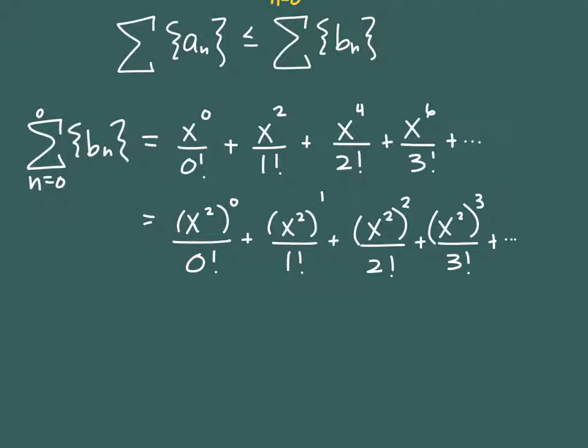Okay, it's not e to the 2x, because then this would be 2x to the 0, 2x to the 1, 2x. This is e to the x squared. All right, so this one is less than or equal to e to the x squared. It converges to that.